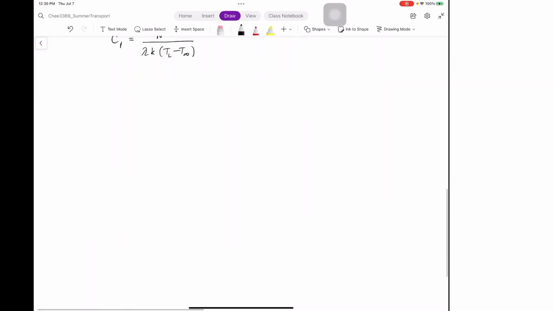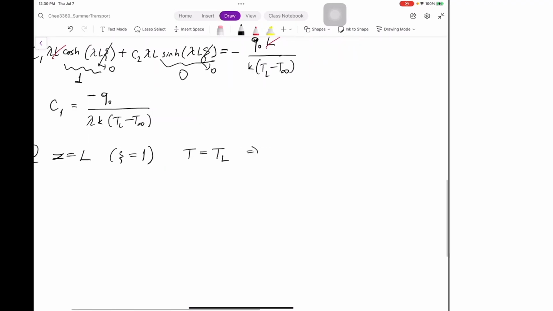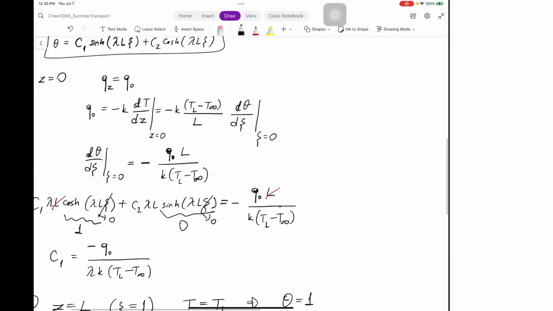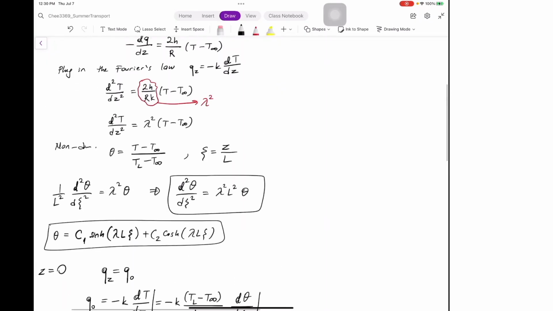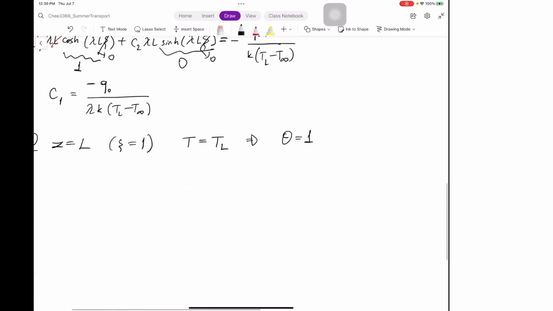Good, so boundary condition 2. At Z equal to L, or in other words, as psi is equal to 1, T is equal to TL, or in other words, theta is equal to 1, right? Okay, good.